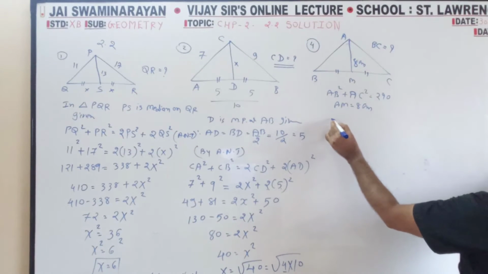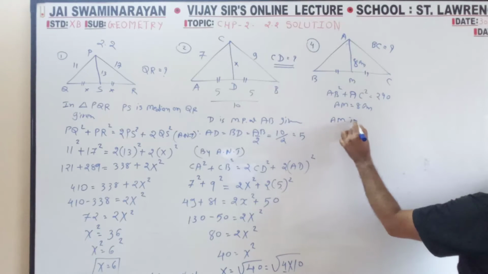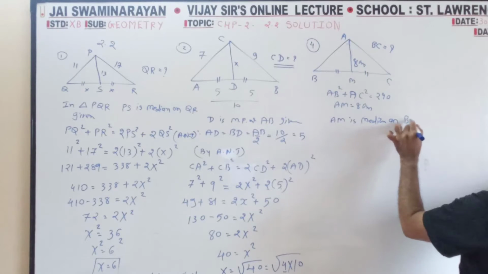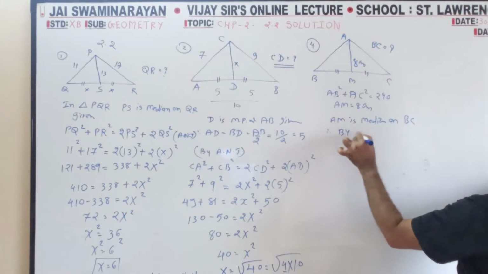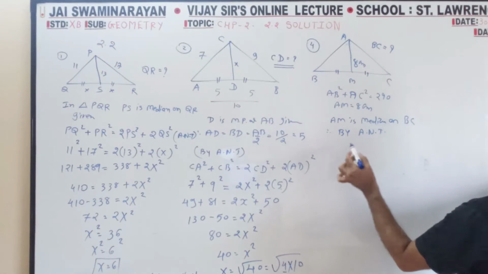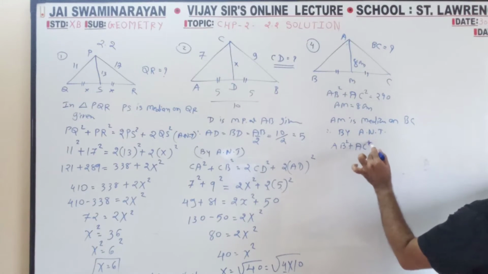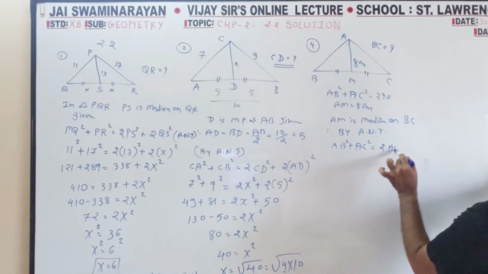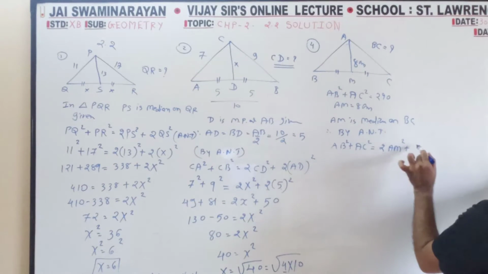By Apollonius theorem, AM is median on BC. Therefore, by Apollonius theorem, AB square plus AC square, left side square plus right side square, is 2 of AM square plus 2 of BM square.